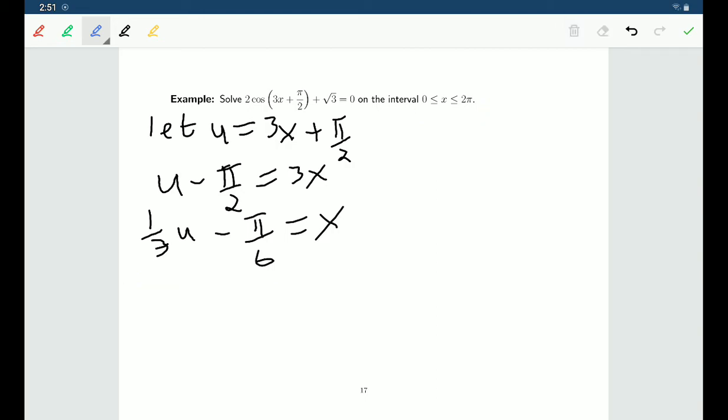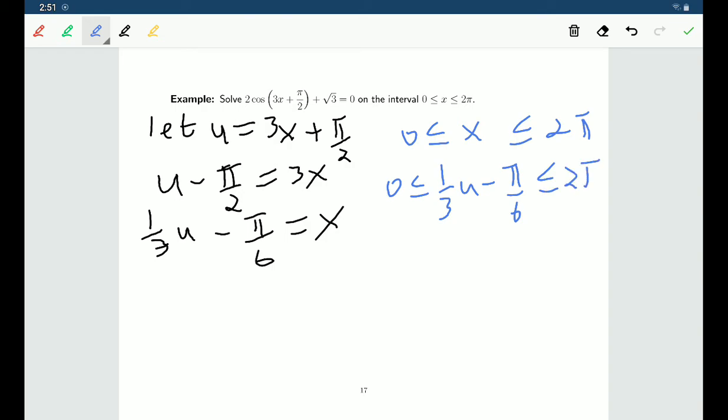So instead of saying from 0 up to 2 pi for x, then we can say 0 up to 2 pi for 1/3 u minus pi over 6.